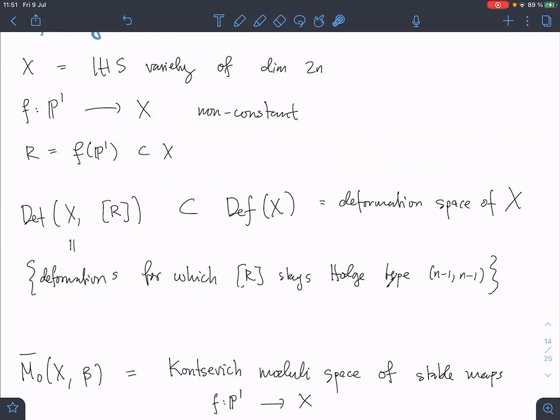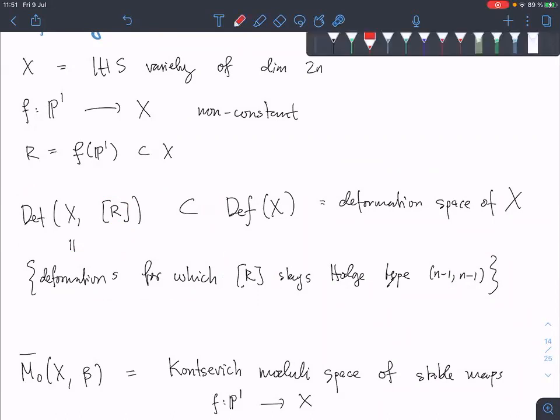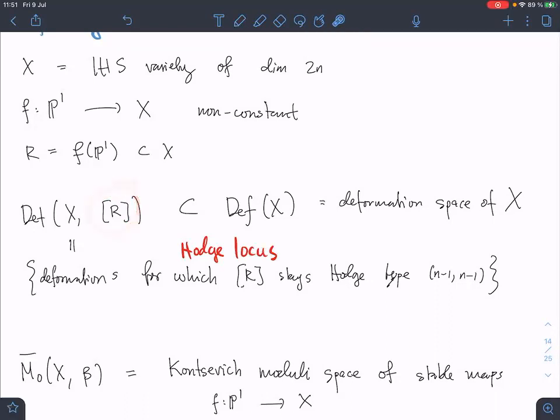This is called the Hodge locus of this class. So it's not the deformations where you deform the curve; you just say that the class, which is a class in H2, stays Hodge when you deform X.